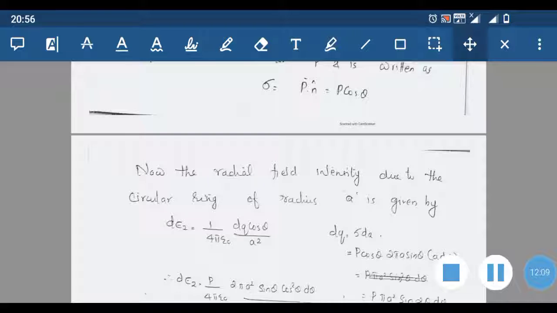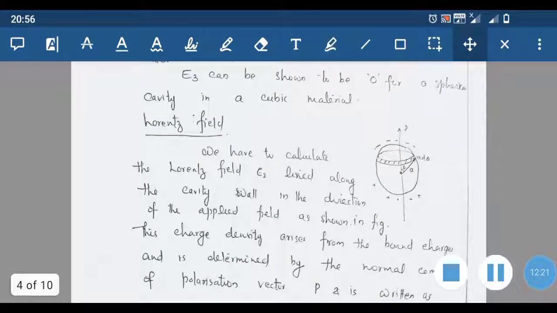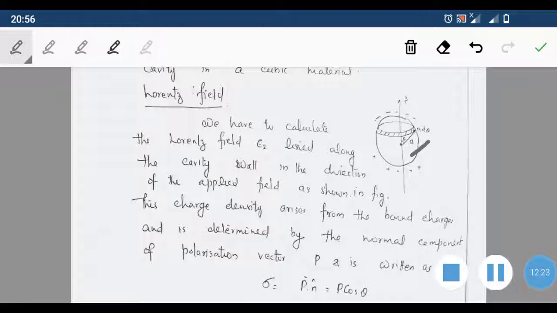In that case the expression for the electric field is 1 by 4 pi epsilon 0 dq into cos theta divided by a square, where we can see this is the radius of the spherical cavity which we have taken, and this is the small area which we have taken, which is inclined at an angle theta. So this small area part we can take as a d theta. The angle between this radial vector and the axis is theta.